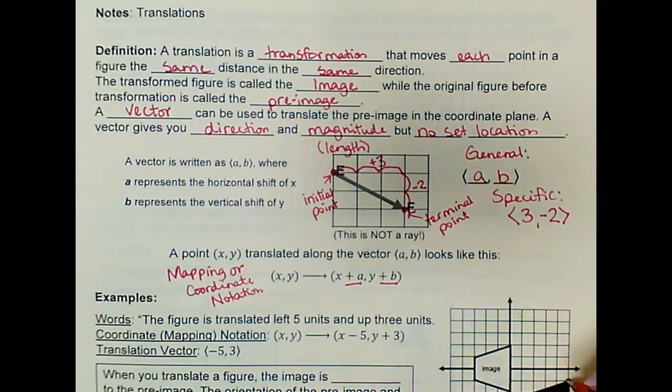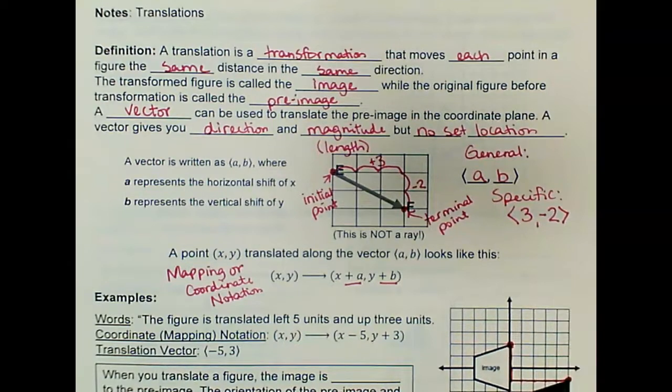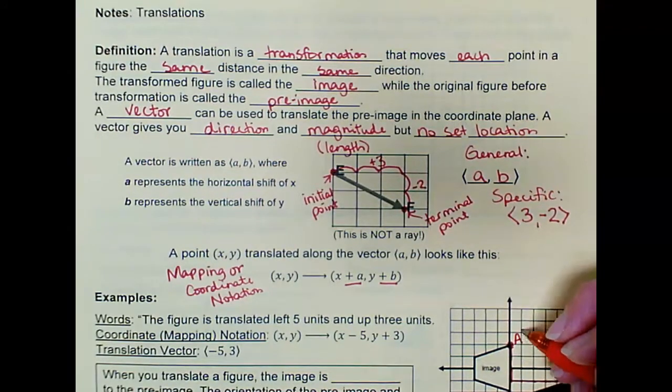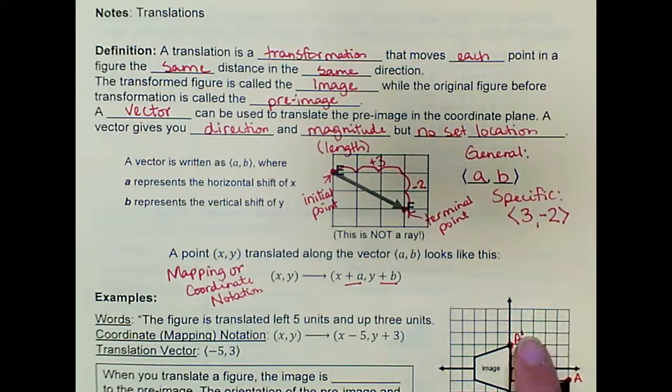So from a point in the pre-image, if I go left 1, 2, 3, 4, 5, and I go up 1, 2, 3, I end at my image point. Perhaps this is point A, so that would mean that the image point would be called A prime. And it has a little apostrophe up there. So we discussed that last time, but you are going to be writing it today.